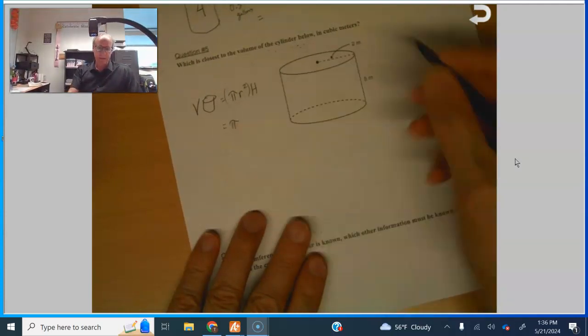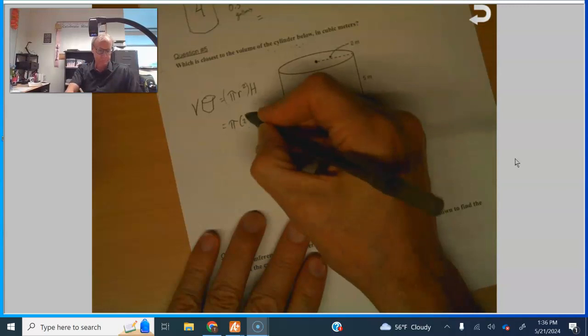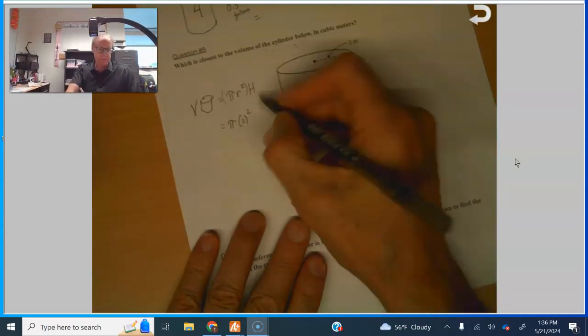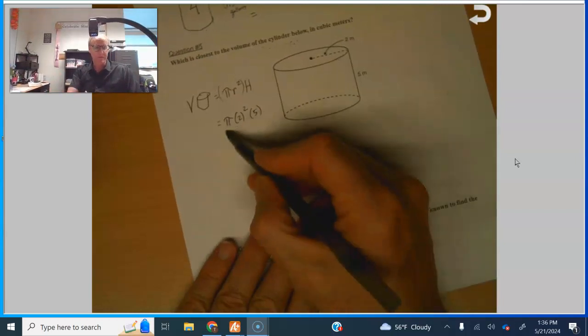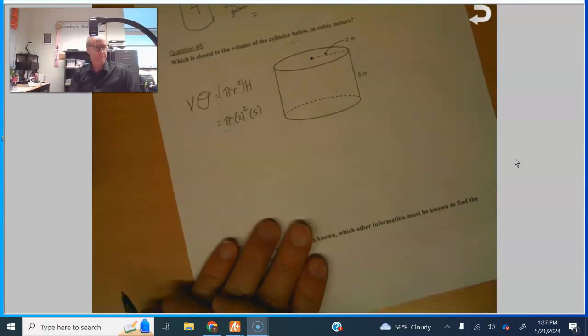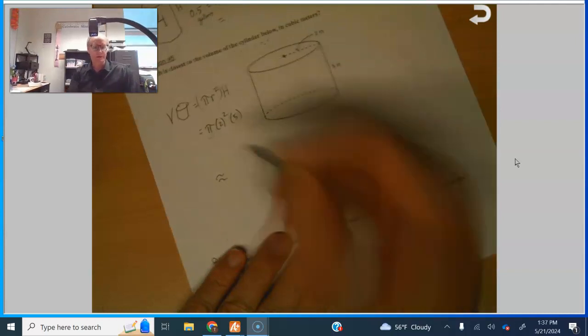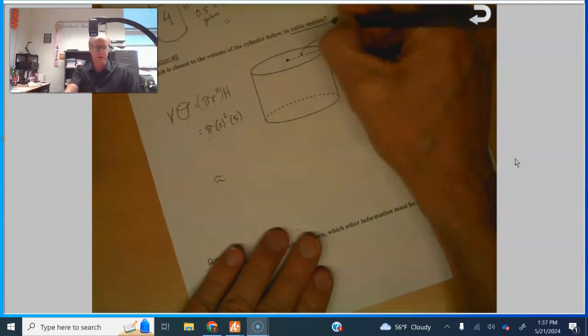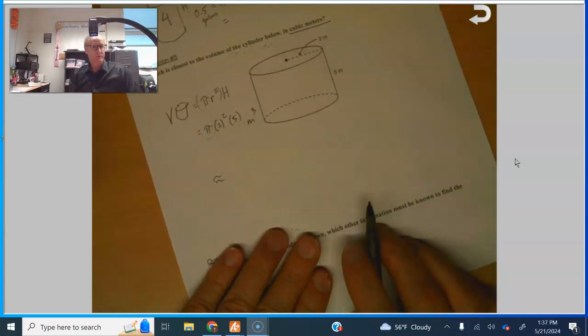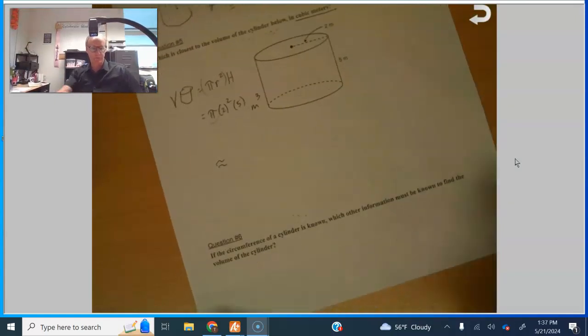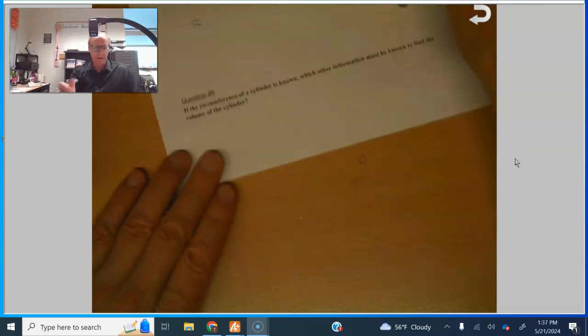I've got pi, I've got a radius of 2 inches, I got a height of 5 inches, and my exact value will have this symbol in it. And then you can get an approximate value as well. This is going to be in cubic meters. And there you go. You're just solving it. Way too easy.